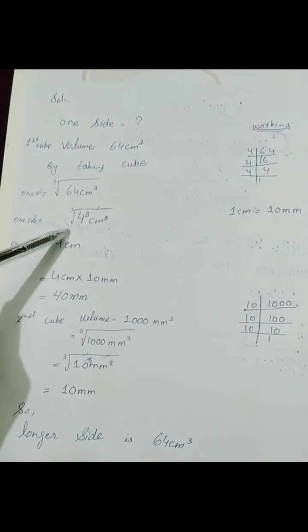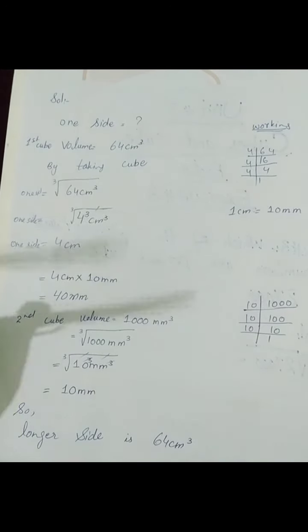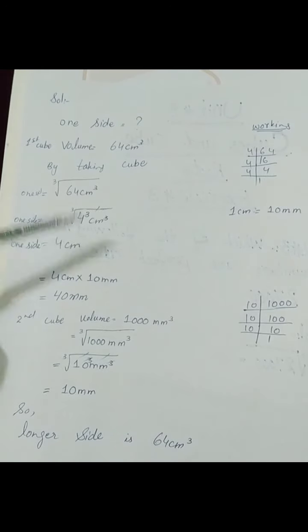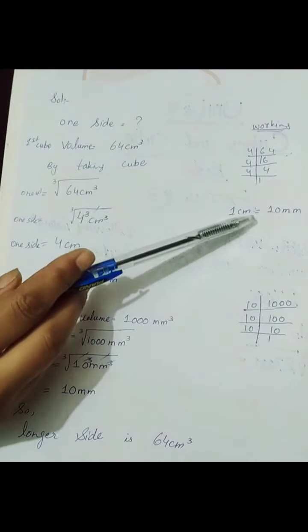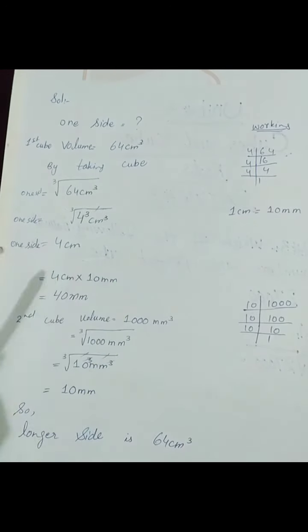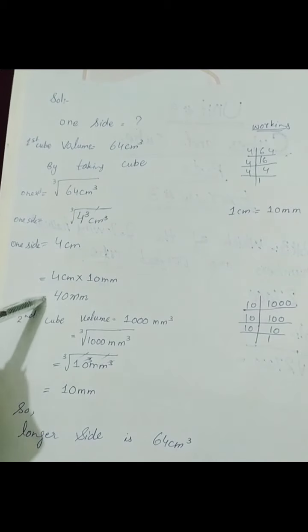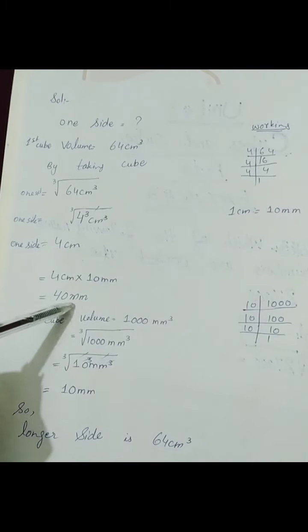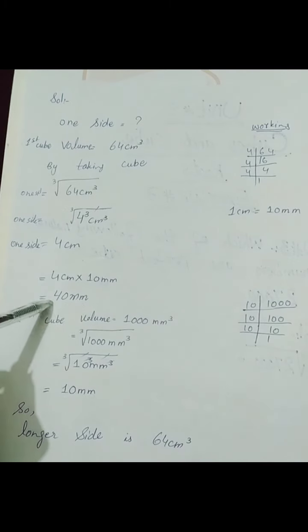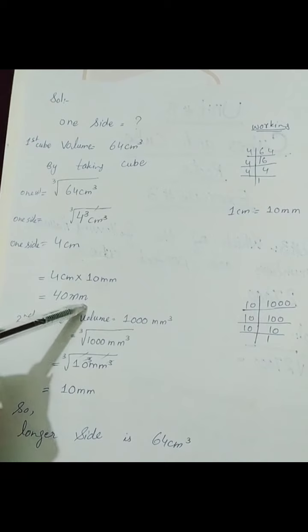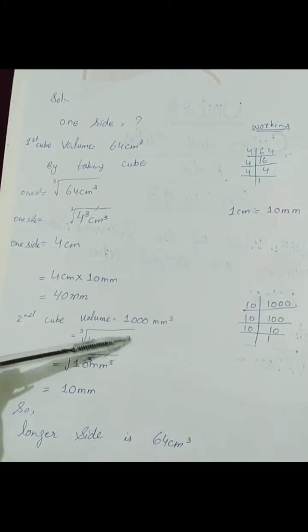Because the second cube is in millimeters, we change centimeters into millimeters to find the longer side. 1 centimeter is equal to 10 millimeters, so we multiply 4 with 10 millimeters and get 40 millimeters.